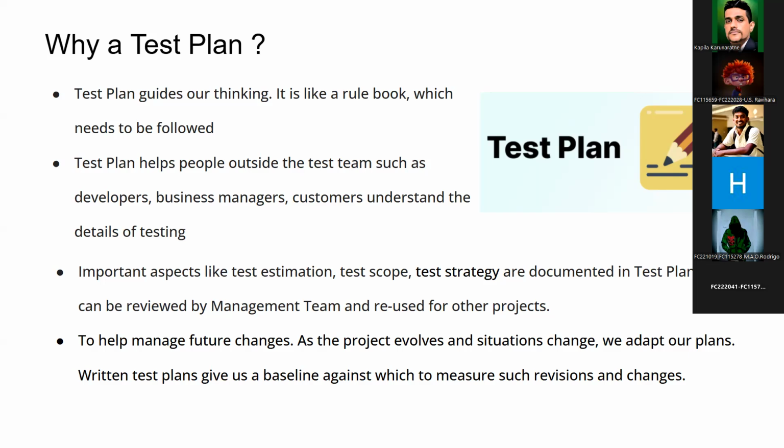How we are going to do test execution, test results management, and defect tracking all have to be clearly documented and included in the plan. That's what we call the test plan. It has to be documented.